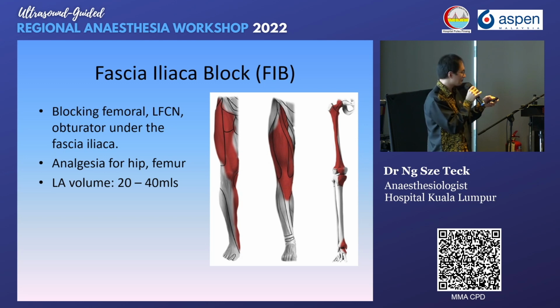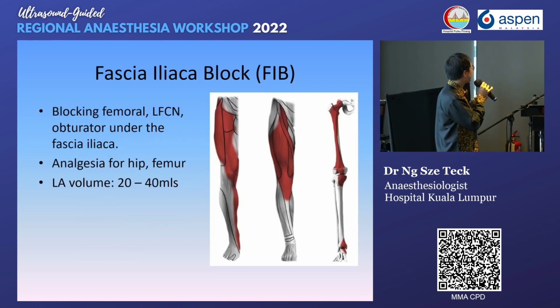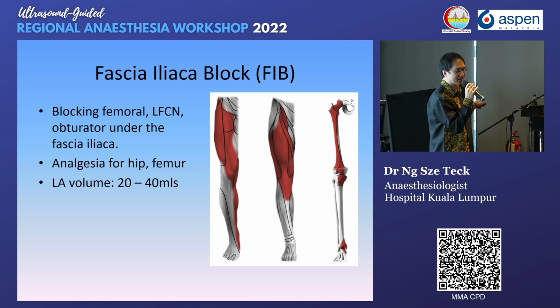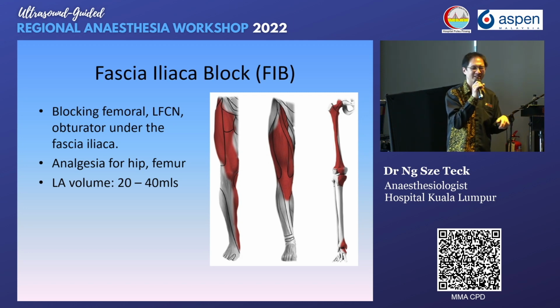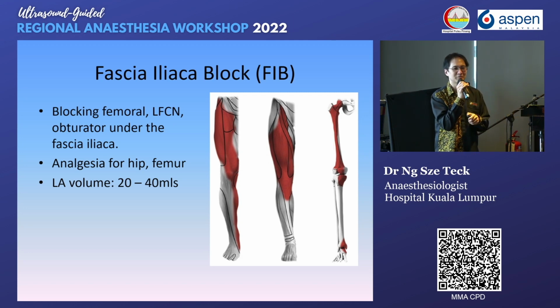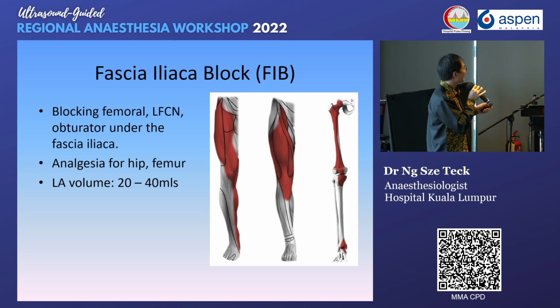It's a compartment block, a fascial plane block. So you're trying to block all three nerves under the fascia iliaca. Being a fascial compartment block, you need a high volume, typically 20 to 40 mils. All right. So this is the distribution of the block.